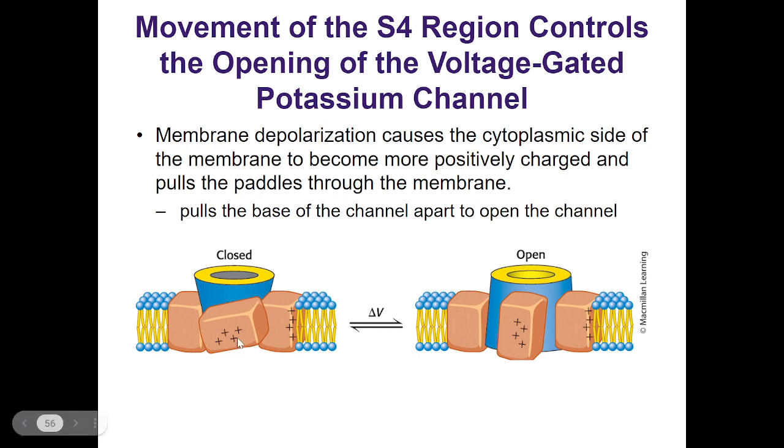Can everybody see how your positive charge got reoriented and moved up through your channel? Well, through your membrane, along your channel. Okay. And this moving that up and away opened it up. Everybody see that okay? Normally this is like 3 angstroms, and that's not big enough for a potassium to come through, right?